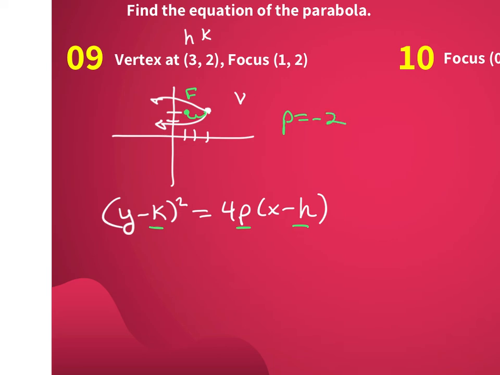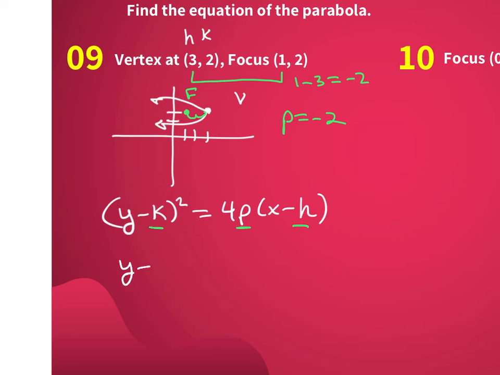I could also use the numbers up here in my ordered pairs and do 1 minus 3, and I get -2. If you did 3 minus 1, just realize you would get a +2, but because it's opening to the left, it's negative. Let's replace the 3 values for h, k, and p.